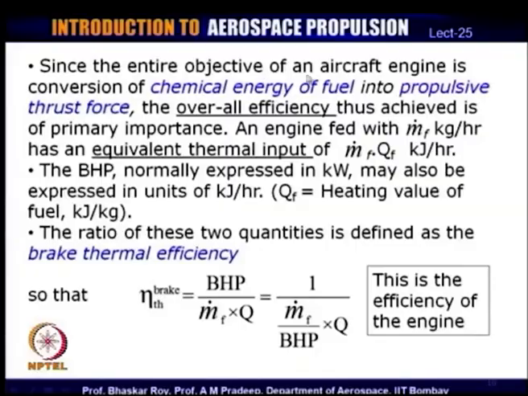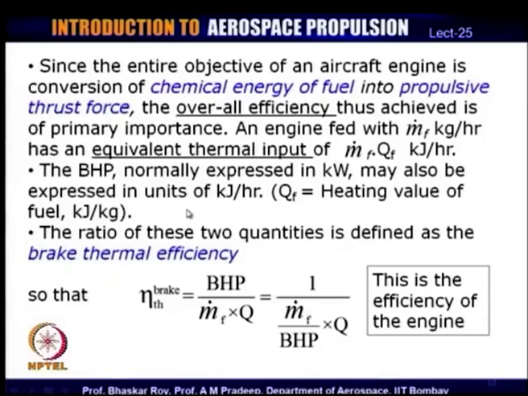So, we have an engine which is fed with a mass flow, let us say m dot f, and this mass flow has a thermal input of q f, and BHP is normally, as I mentioned, expressed nowadays in kilowatts, and it may also be expressed in kilojoules per hour, where q f is the heating value of the fuel.